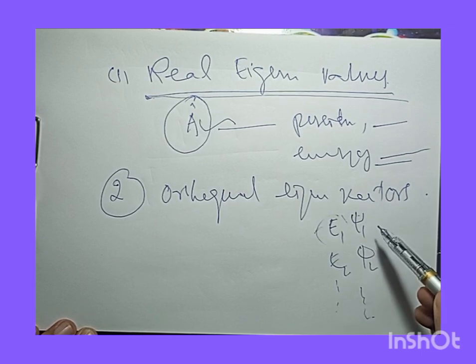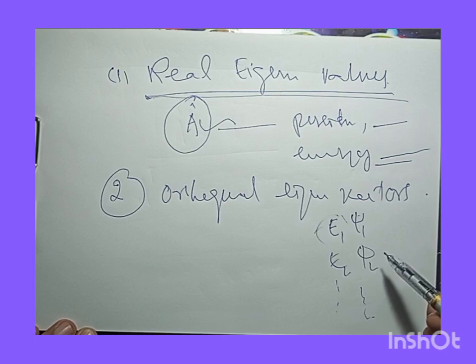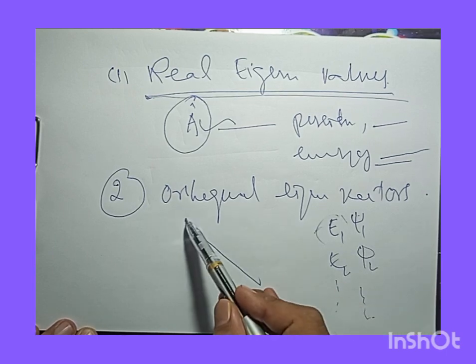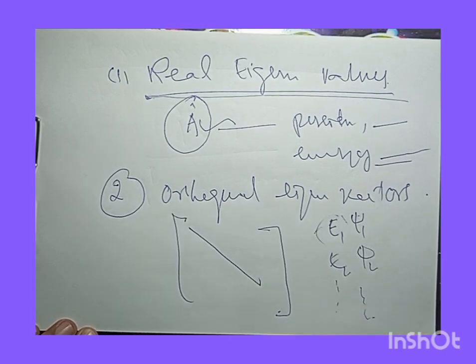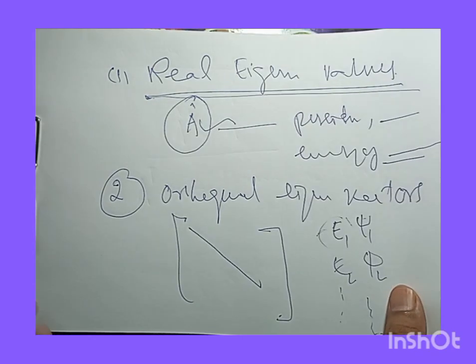And this property allows us basically to diagonalize the Hermitian operators in terms of an orthonormal basis of eigenvectors. And what is this diagonalization?